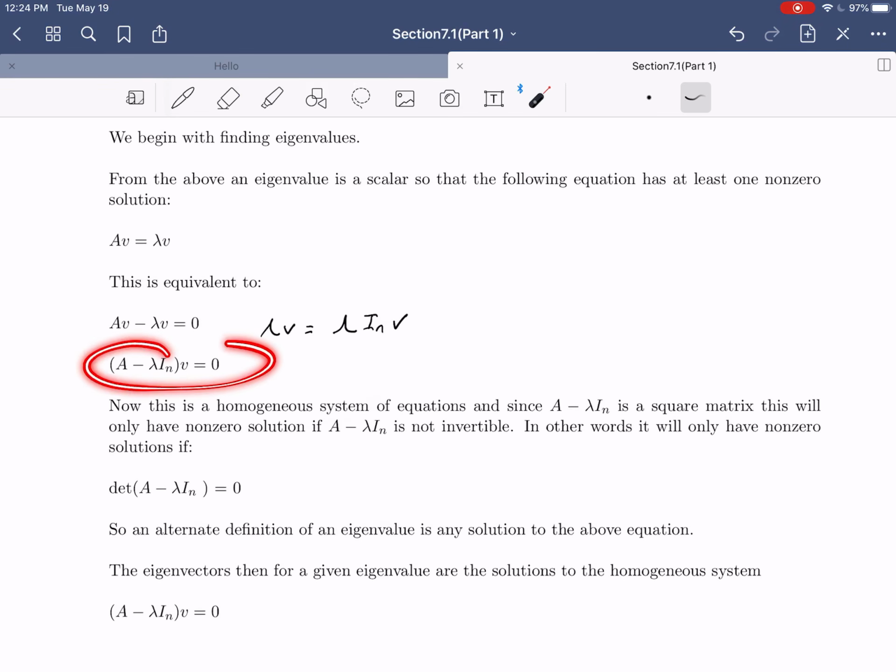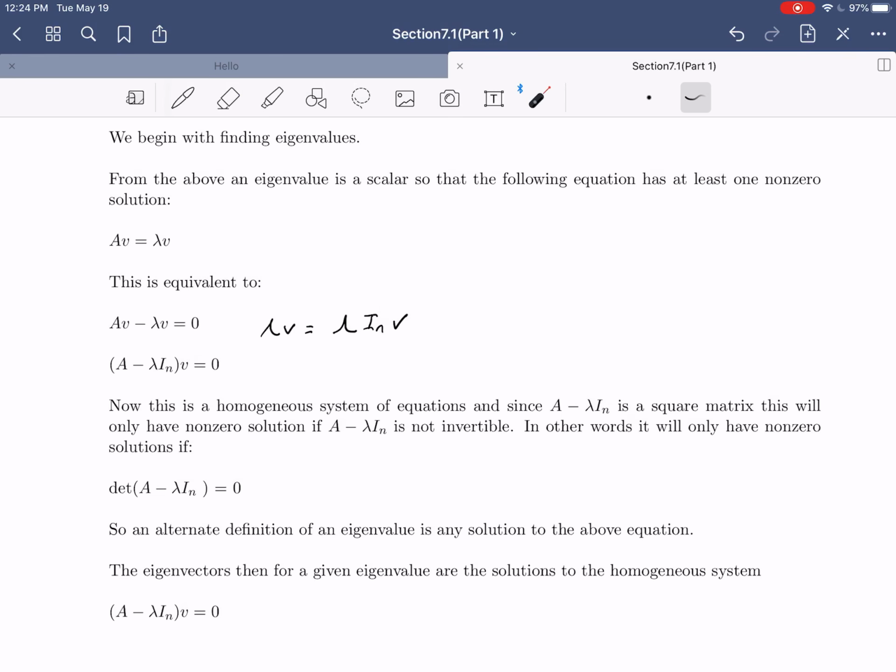Now, if we think about this equation here, this is a homogeneous system of equations. It's a matrix times a vector equaling the 0 vector. Furthermore, A minus lambda I_n is, of course, a square matrix. So remember, when you have a homogeneous set of equations, you know it will always have solutions. The question here is, is it going to have non-zero solutions?